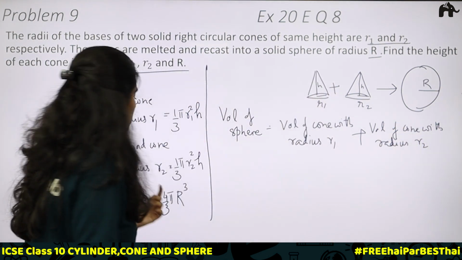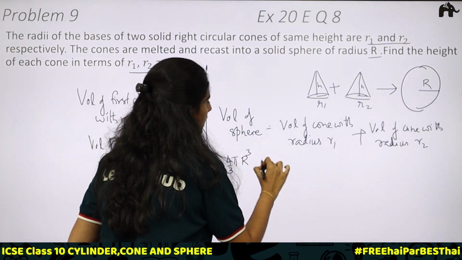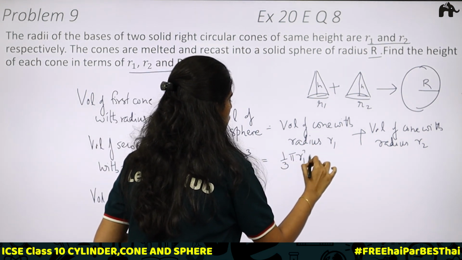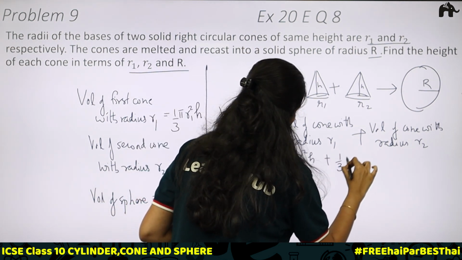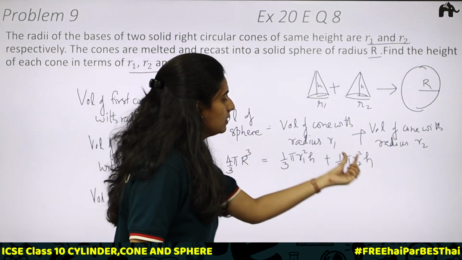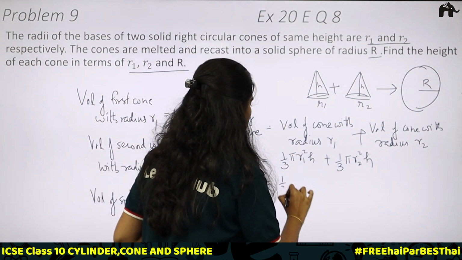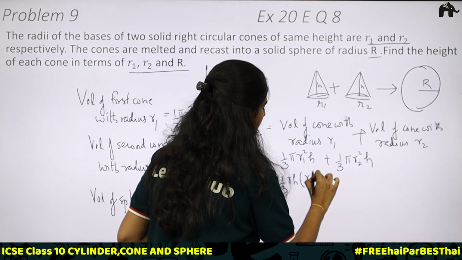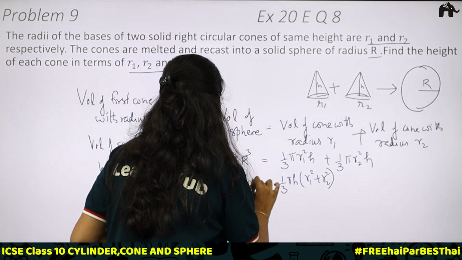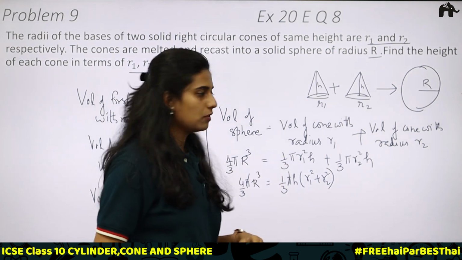Volume of sphere is 4 by 3 pi R cube equal to 1 by 3 pi R1 square h plus 1 by 3 pi R2 square h. Now, in both these we have 1 by 3 pi h common. Taking out, we get 1 by 3 pi h into R1 square plus R2 square is equal to 4 by 3 pi R cube. Pi and pi can be cancelled from both sides.